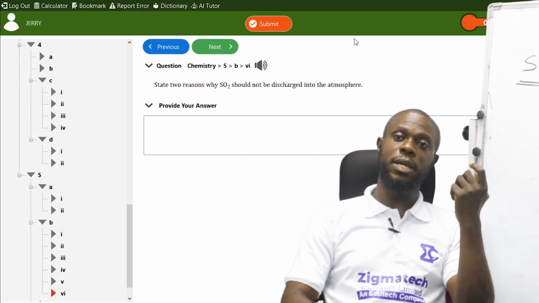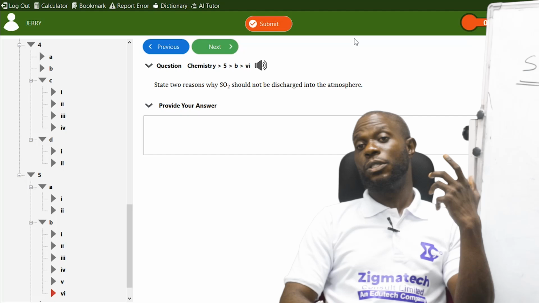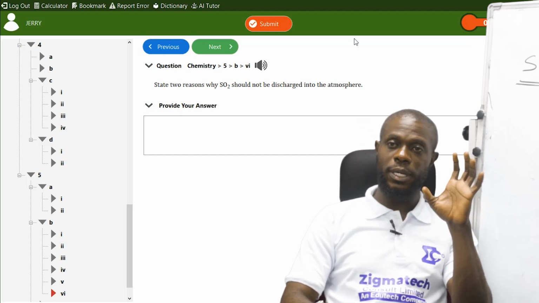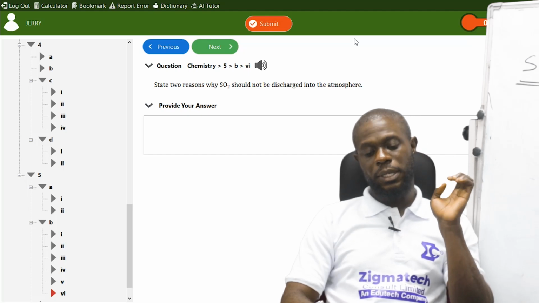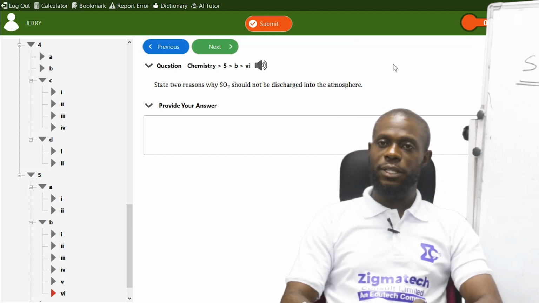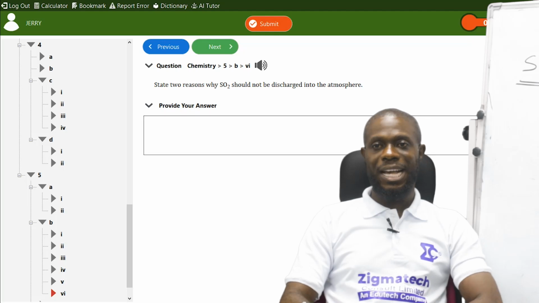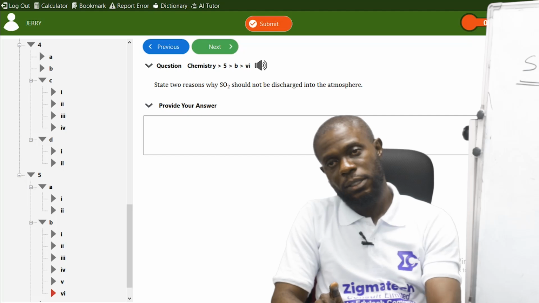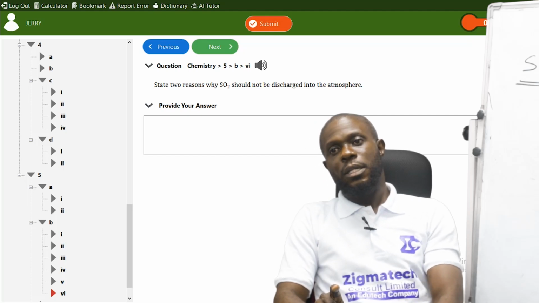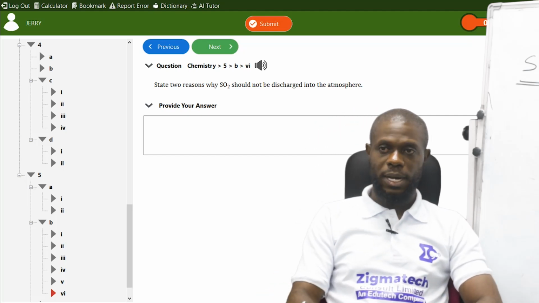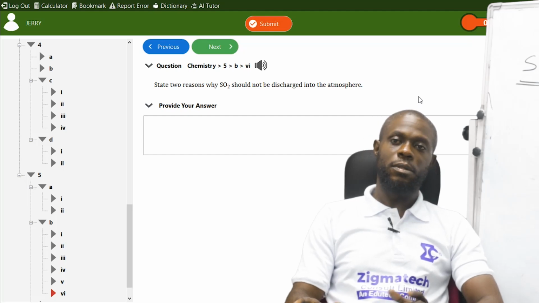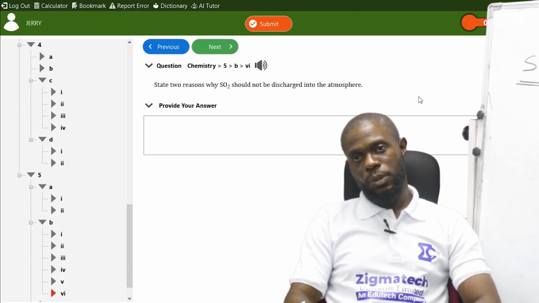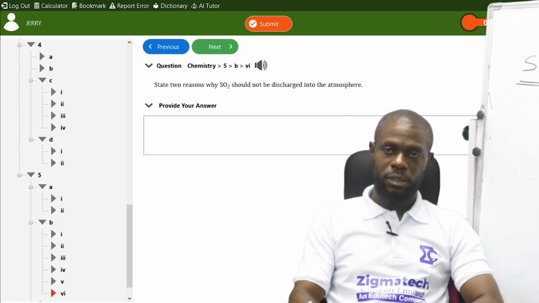Same as nitrogen oxide, any gas oxide discharged into air causes acidic rain and damages living things. So if they ask you, you just tell them the two reasons: one, it causes acidic rain, and two, it damages living things.